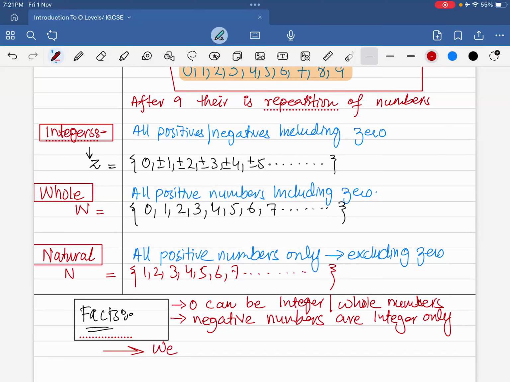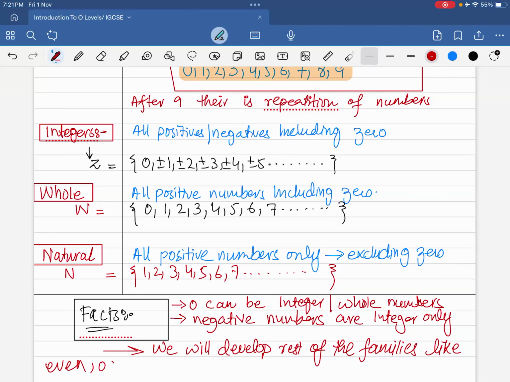We will develop the rest of the families, like even, odd, etc., from natural numbers only. Understood, everybody, or not?